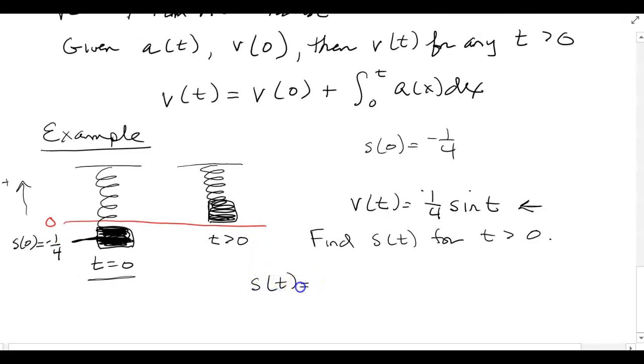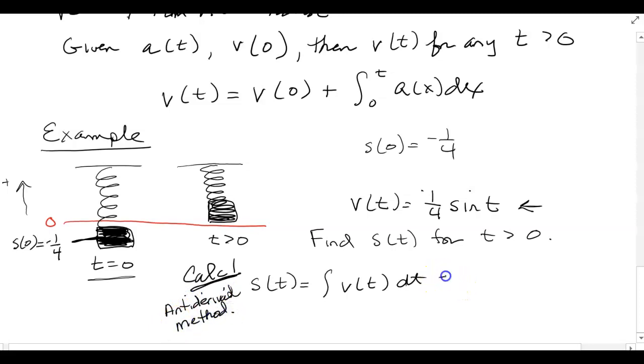S sub t is going to equal the integral of v sub t dt. This is what you learned in Calc 1. We used what we called the antiderivative method. So what does that mean?